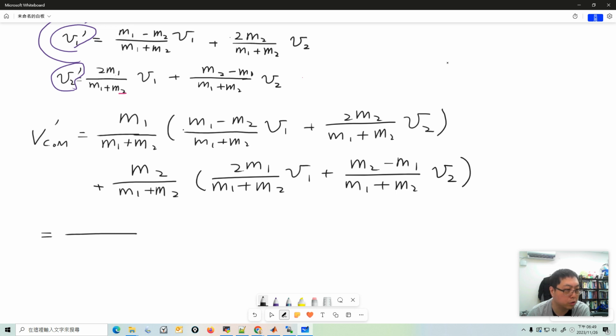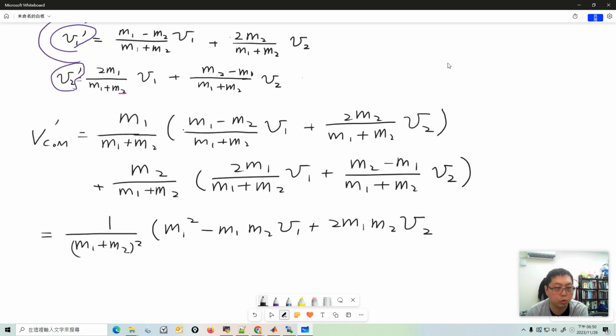It looks like we have m1 plus m2 squared here. Let's see, it's not that difficult. Multiplying m1 in, the first term is m1 squared v1 minus m1 m2 v1 plus 2 m1 m2 v2.